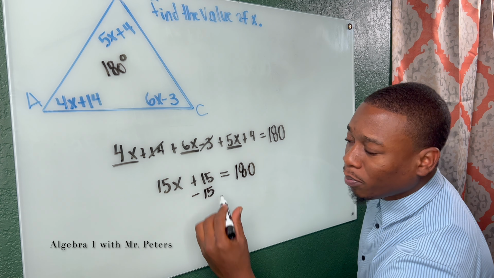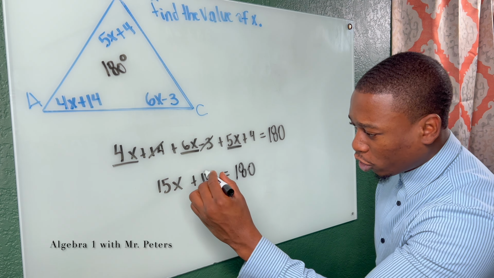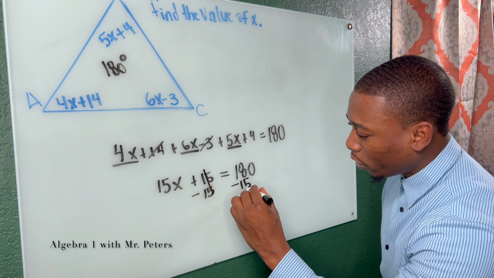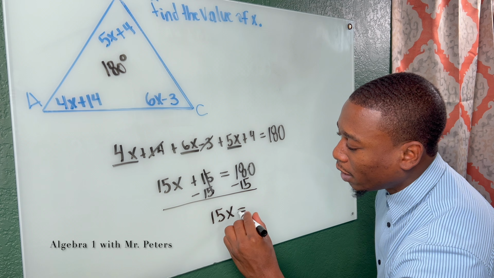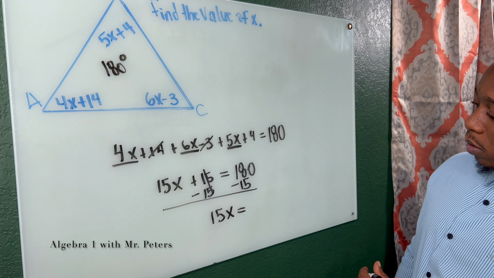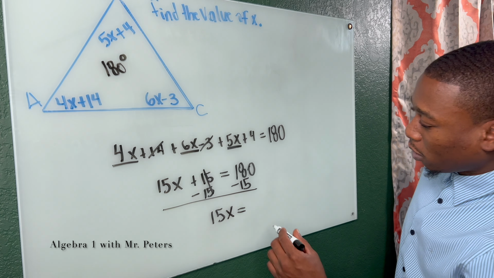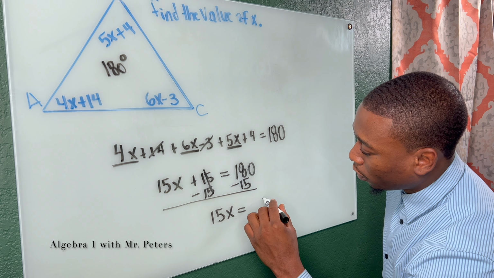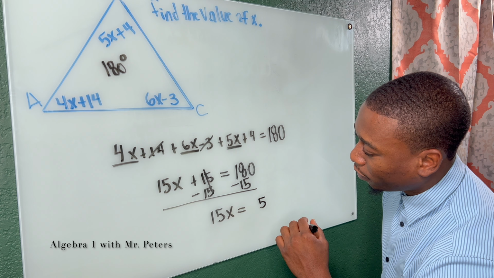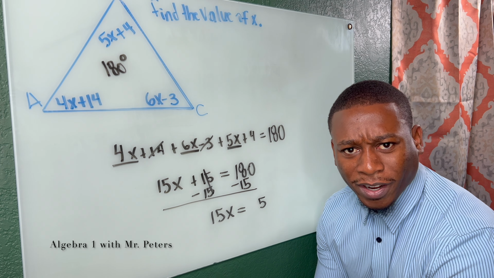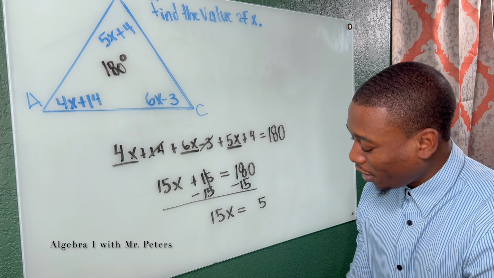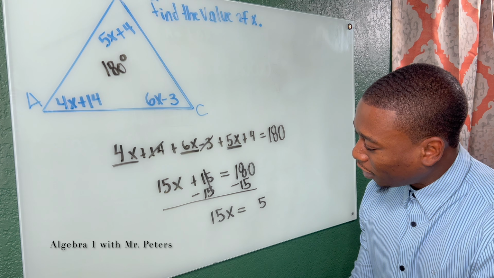After we start simplifying this equation by subtracting 15, combining it with its like term, we're going to get 15x is now equal to, let's see, 180 minus 15, that should be 165.